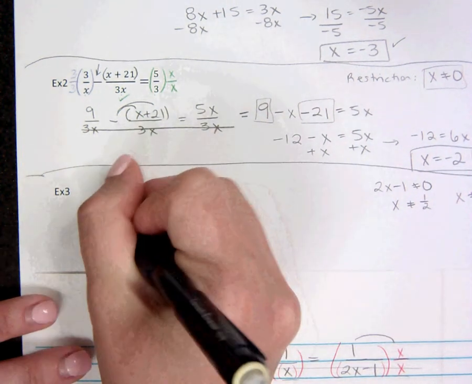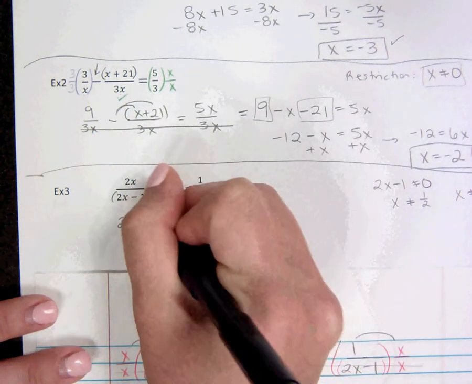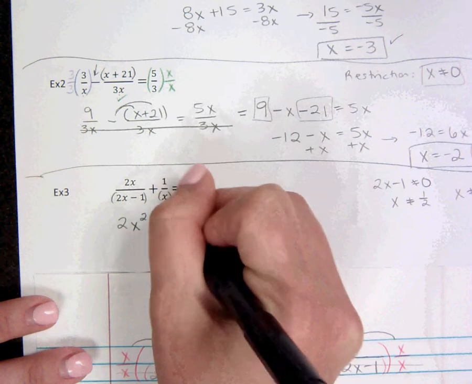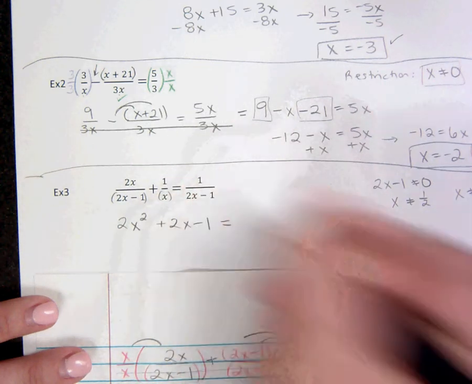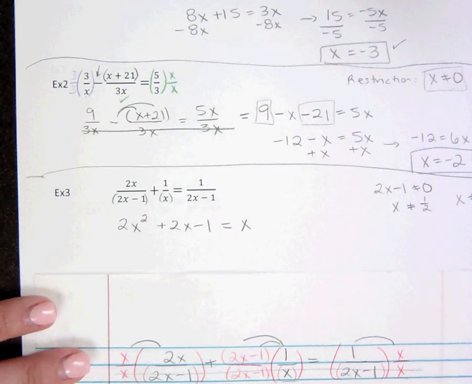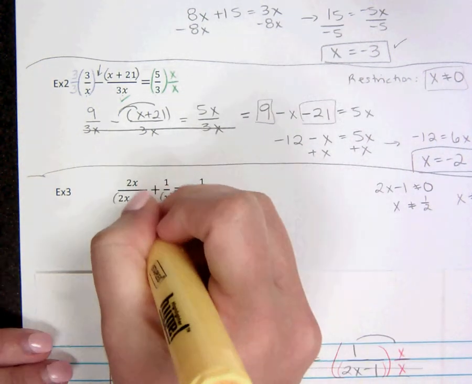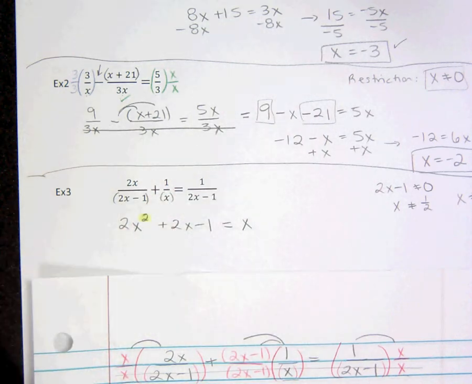So pulling that back out, you should get 2x squared plus, that would just be 2x minus 1 equals, that should be x. Anytime you have a squared component, that means you're going to have to factor, which means you're going to have a quadratic.